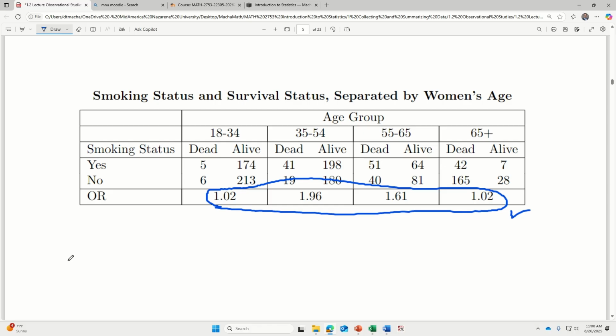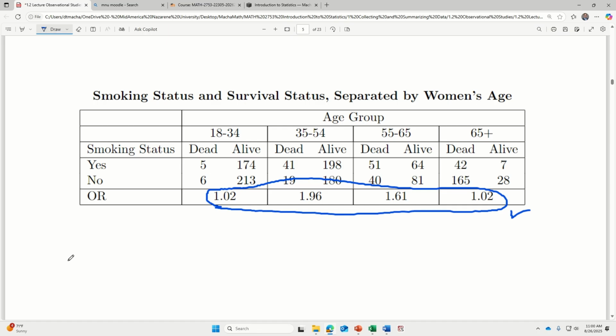And so when I split this up by age group now, and I say, let me only look at the cohort that was between 18 and 34, it turns out that not smoking gave you a better odds ratio, or a better odds of not dying within 10 years. And again, if I break it up into just the cohort that was between 35 and 54, non-smokers were twice as likely to survive.